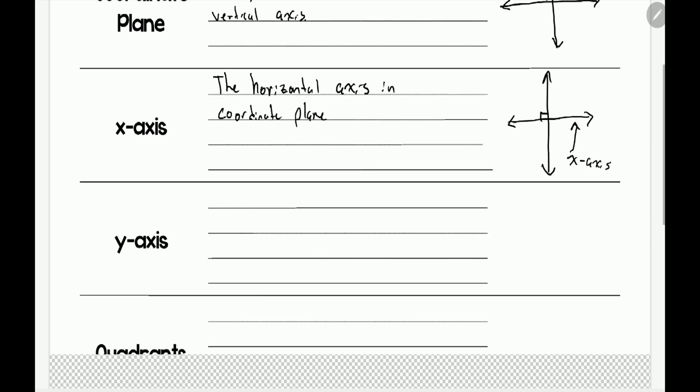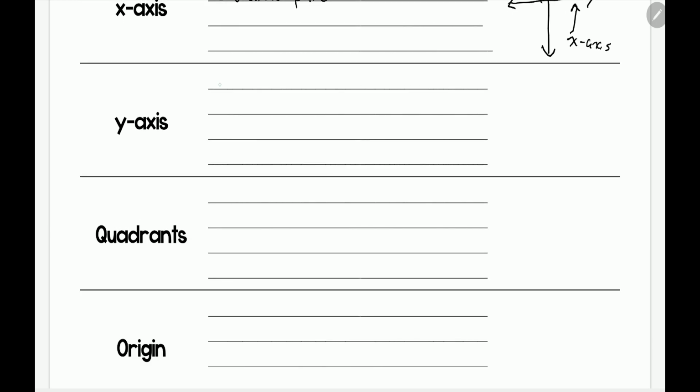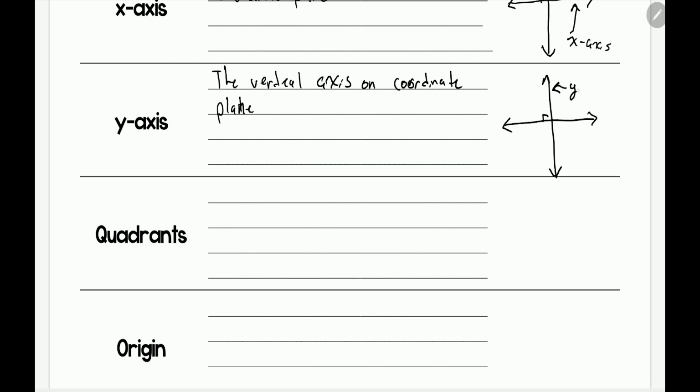The y-axis is the vertical axis on the coordinate plane. So if we have our coordinate plane once again, this axis is going to be the y-axis.